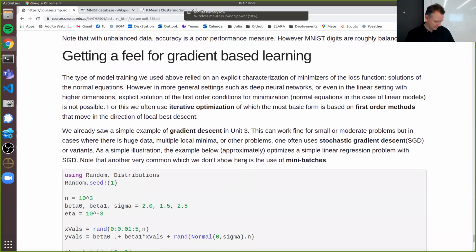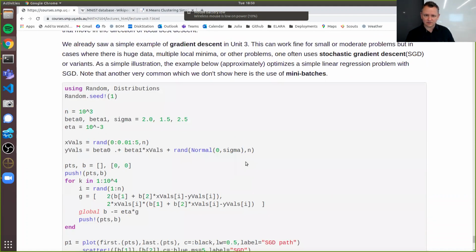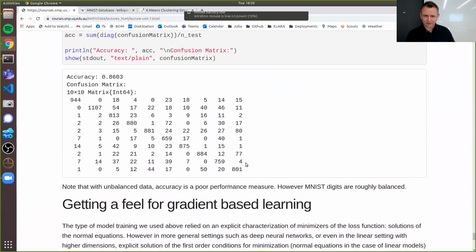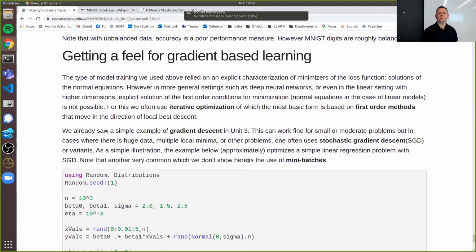Yeah, we are slowly running out of time. So generally, when you do this kind of deep learning, you will need to perform an optimization, and you'll probably use a gradient-based method to perform that optimization, gradient-based learning.